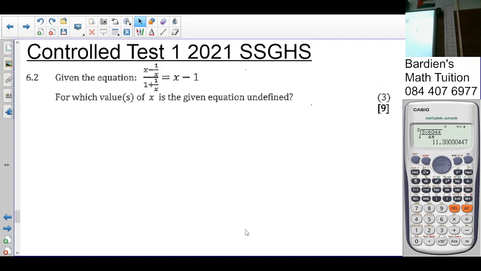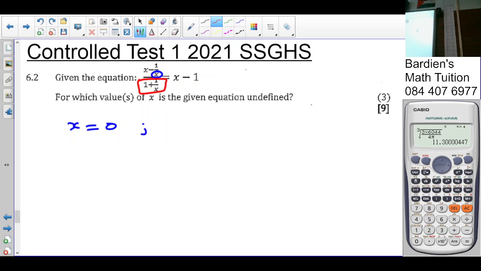For which value or values of x is the given equation undefined. So when is something undefined? When the denominator is equal to 0, not so. So you all agree that's a denominator. So it's where x is equal to 0, it will be undefined. Not so. At this point you all should also agree that that's also a denominator.